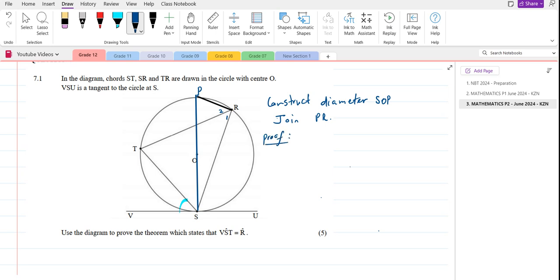So you can say angle R1 plus angle R2 is equal to 90 degrees because we have angles in a semicircle. You know what? Let angle R1 be equal to X as well. It will be easier.